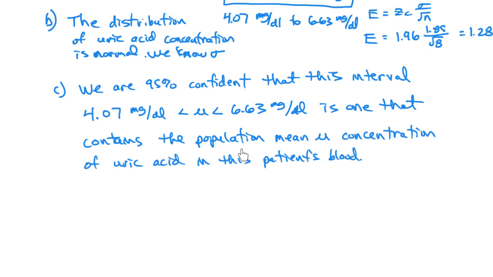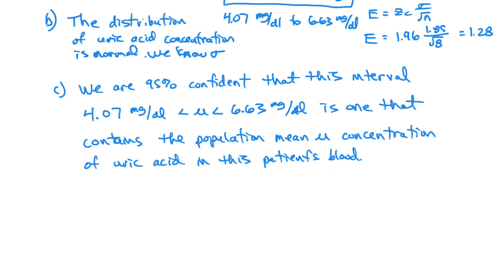They tell us the sample mean was 5.35, so we want to predict the population mean mu. That's why I write it here, to make sure we're talking about the population mean and everybody's aware of that. Other than that, another thing that can happen is the wording here.